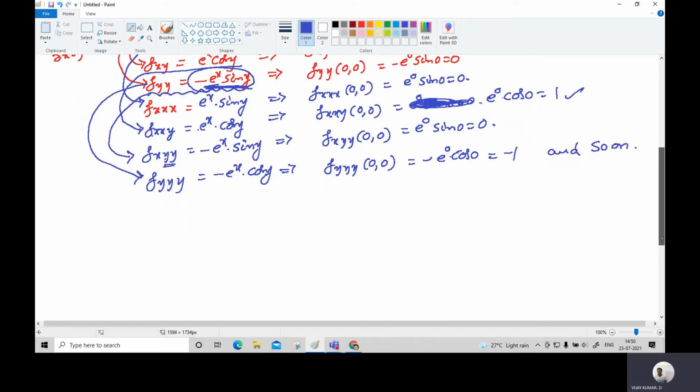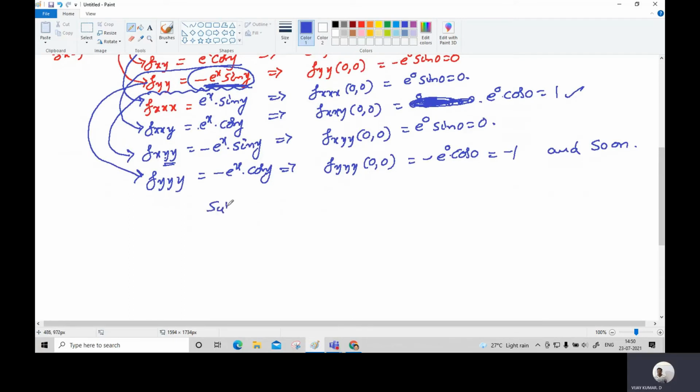So similarly we can find out the higher order partial derivatives also. Now we have to substitute all these things in the Maclaurin series formula. Okay, see here. So in equation A, the function is nothing but e power x into sin y.